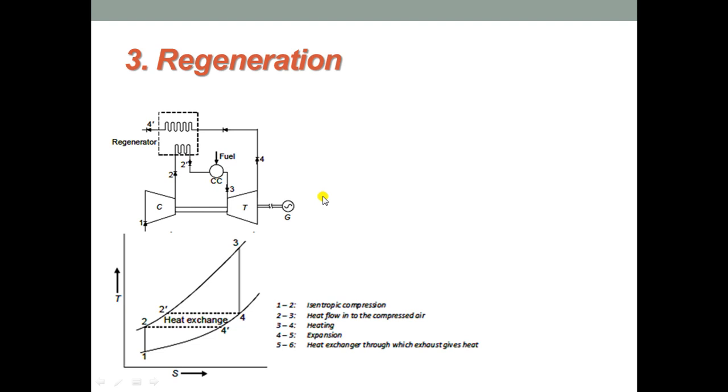As shown in the figure, the compressed air enters at condition 2 through the heat exchanger, where it is heated by the exhaust gases coming out of the turbine at condition 4. It is important to note that under no conditions can the compressed air be preheated in the regenerator to a temperature above T4.